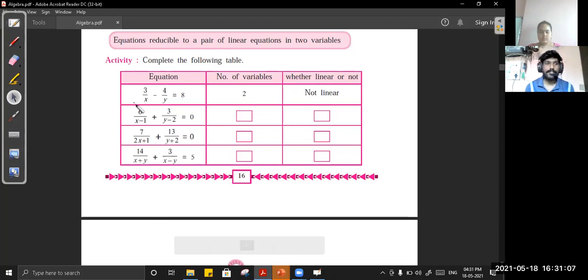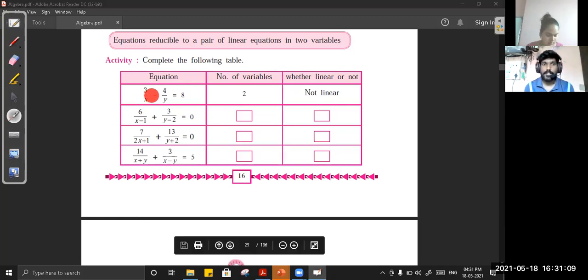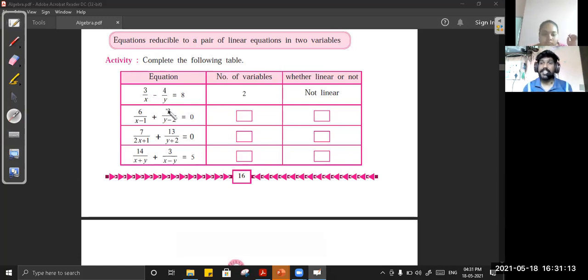Now, if you look at this example, the first one, 3 upon x minus 4 upon y. Here the variable is in the denominator. First of all, this column says number of variables. So there are 2 variables, x and y. The third column says whether linear or not.